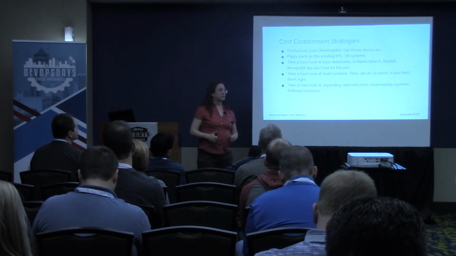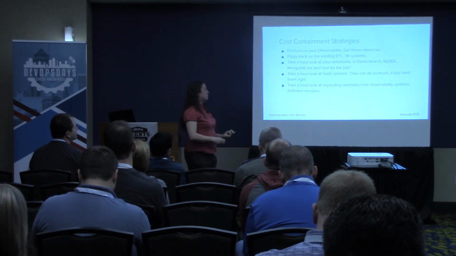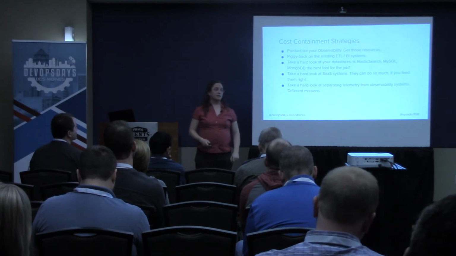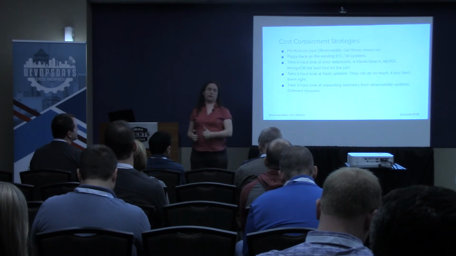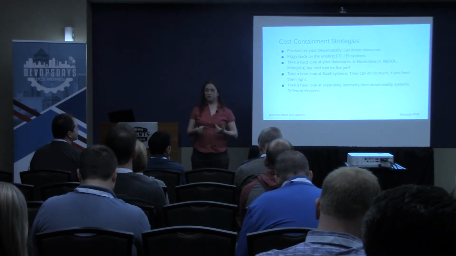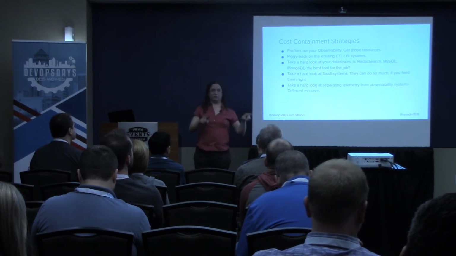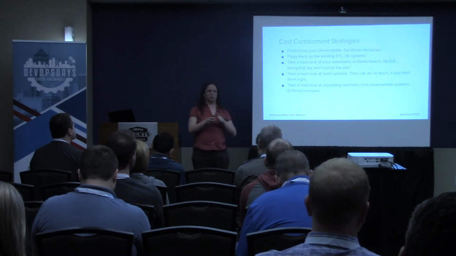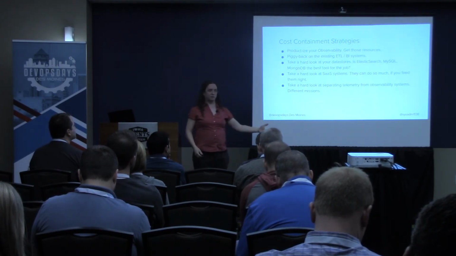Take a hard look at the software as a service systems, because they can do so much for you if you feed them right. Because that is a potentially large financial liability if you get the data ingestion side wrong. But they also have the visualization tools built for you, so that you can give the squiggly lines, you can do the analysis, you can do the correlational analysis, especially if you've got the context baked into your events.